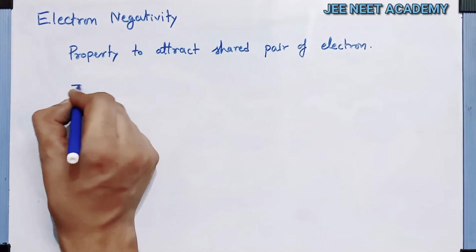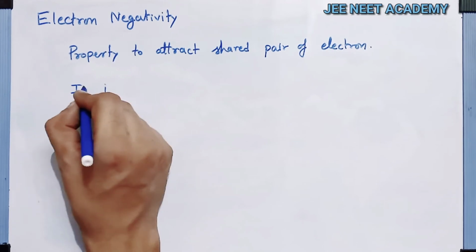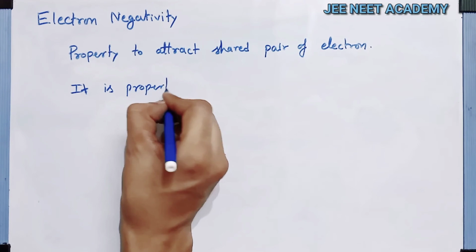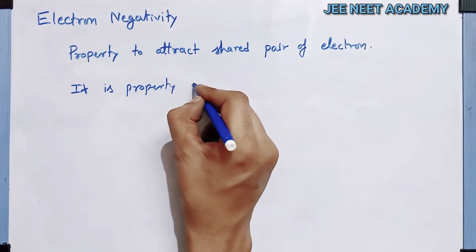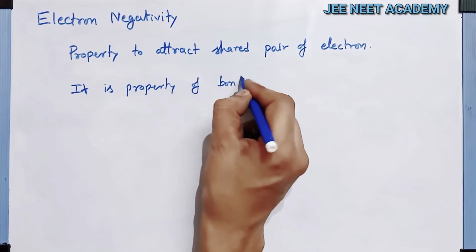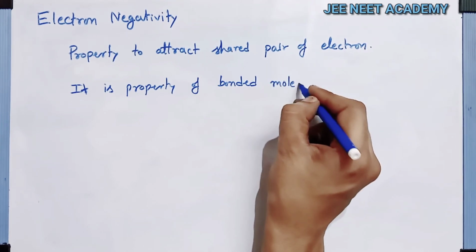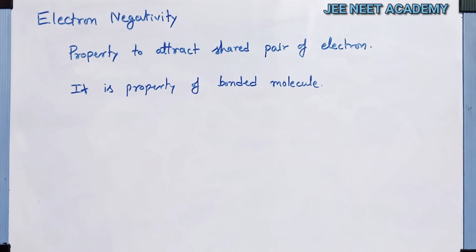It is a property of a bonded molecule. Electronegativity is the property to attract a shared pair of electrons.